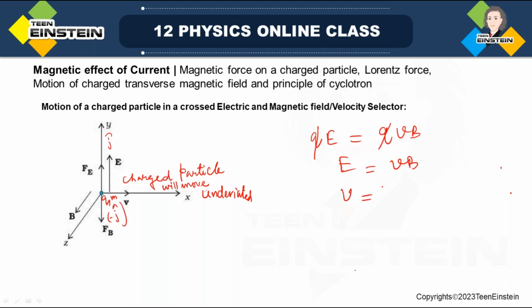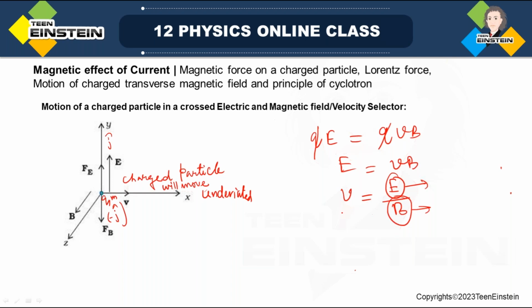From here we can find a particular velocity, if we know the values of E and B. We can adjust the electric field, which is in my hand, and the magnetic field, which is also in my hand. I can adjust them in such a way that the velocity becomes exactly the ratio of the electric field and the magnetic field.